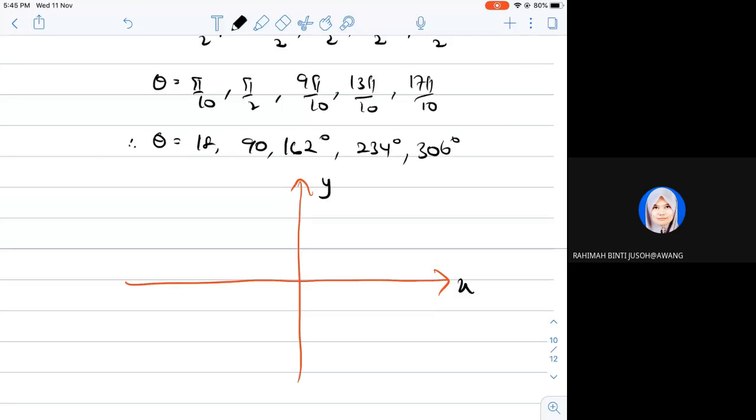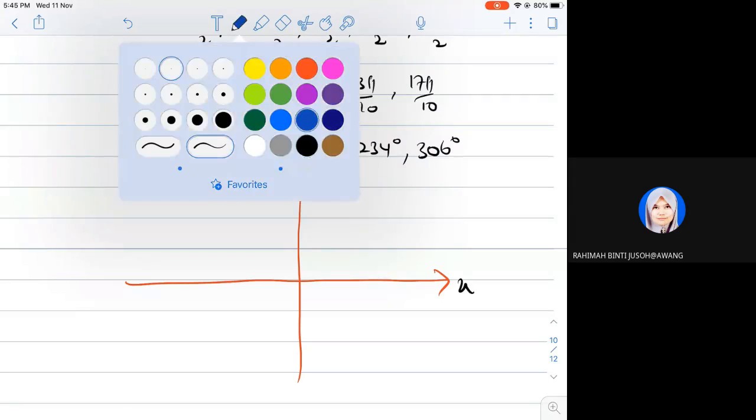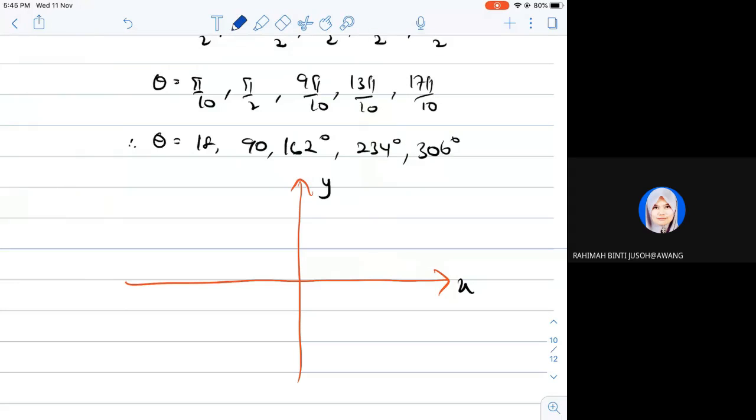Okay, so let's plot our rose. X and Y. First position, 18 degrees. So 18 degrees is somewhere here. This is theta equals pi over 10. And then 90 degrees, somewhere here, theta equals pi over 2. And then 9 pi over 10, 162 degrees, in the second quadrant.